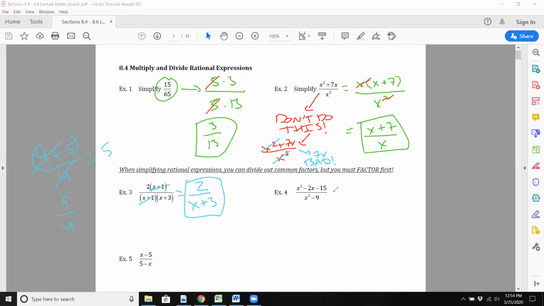Here, I could factor, and you see those cancel. Save that. This is a little tricky.